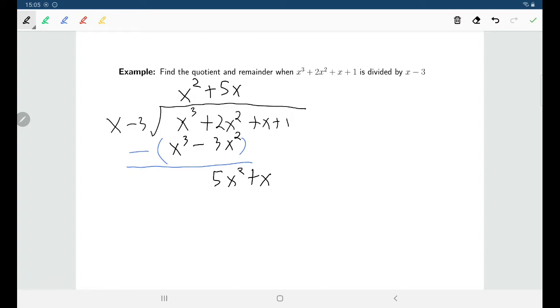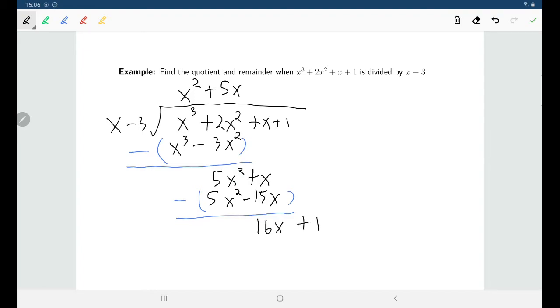Then we do the same thing as before, taking 5x and multiplying by x minus 3. 5x times x is 5x squared, minus 3 times 5x is negative 15x. And now we're going to subtract. 5x squared minus 5x squared is gone. x minus negative 15x is the same thing as x plus 15x, or 16x.